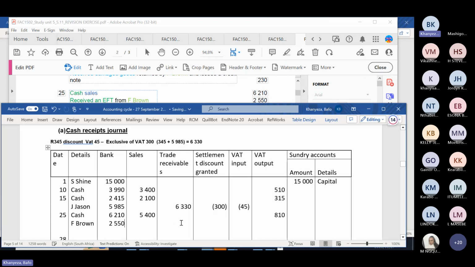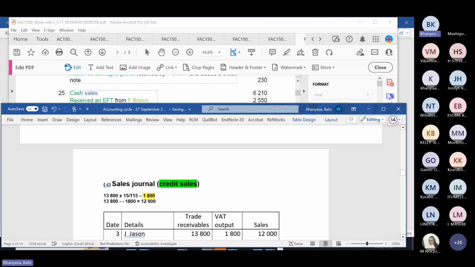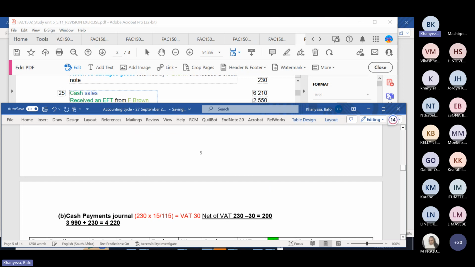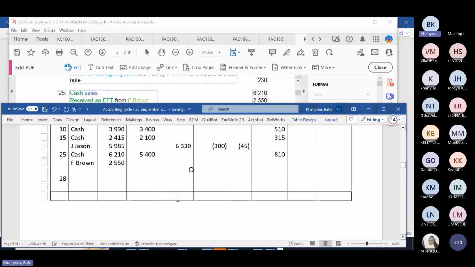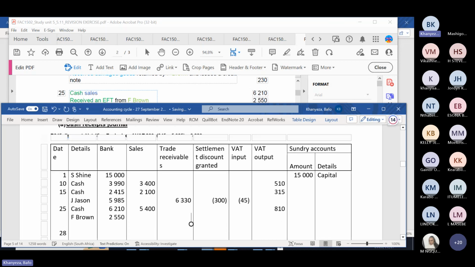Now, do we split VAT? No, we don't split VAT now. We split it before, and we've already accounted for it. So when he pays, be careful of that, because sometimes you might get instances where you don't know yet. Does it split VAT? No, it doesn't split because it's already split in the initial sale. So it goes like that. So it's trade receivables.